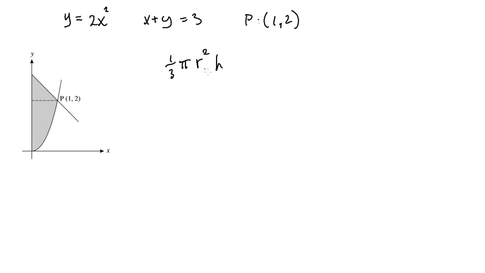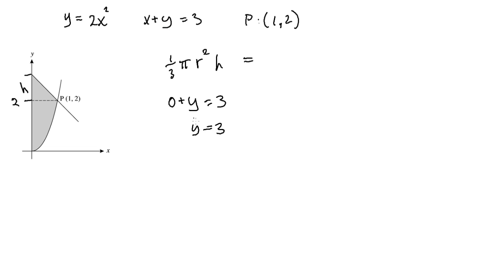First of all we need to find the height h. The h is the y-intercept subtracted by the y value of point P, because this line is horizontal. The y for this point is 2 because it's given. For the y-intercept of the line x plus y equals 3, x is 0, so 0 plus y equals 3, and therefore y is 3.